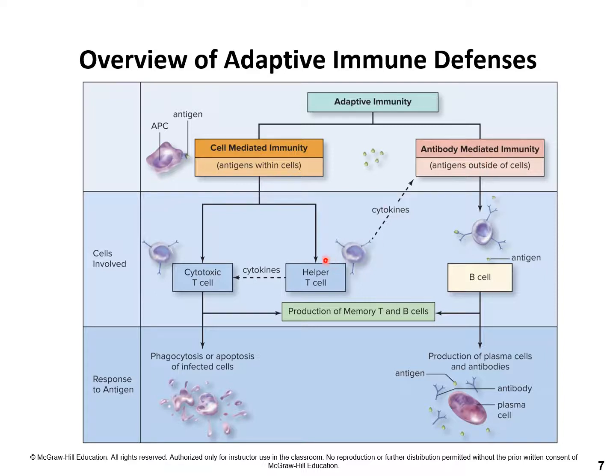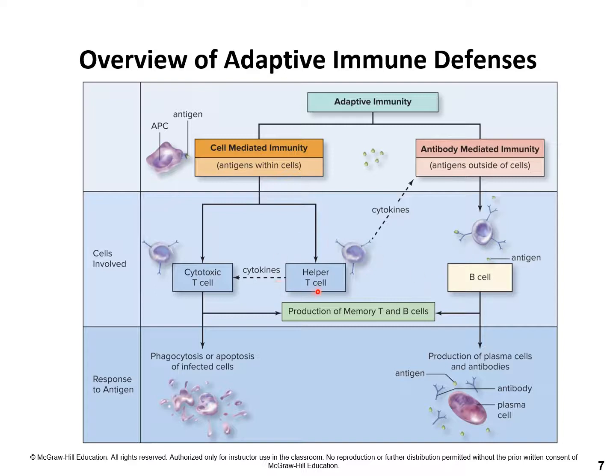When that helper cell encounters antigen, it will trigger a response from the cytotoxic T cells, and it will also send cytokines, or messages, to the antibody-mediated immune response pathway to turn on this pathway and stimulate these B cells.